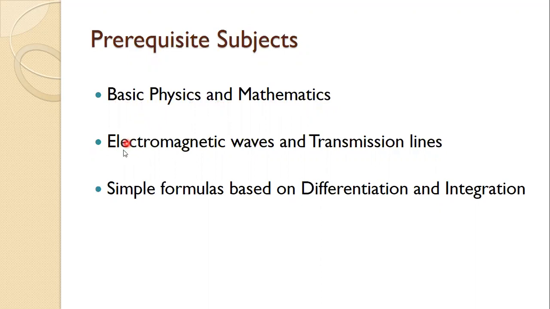Then they studied about electromagnetic waves and transmission lines in second year, second semester. Electromagnetic wave properties are explained by Maxwell's equations, and transmission lines. There are also types of transmission lines, stub matching, VSWR, reflection coefficient, all these things are discussed in transmission lines. Then the student should be able to understand simple formulas based on differentiation and integration.